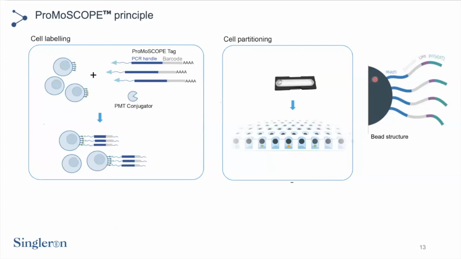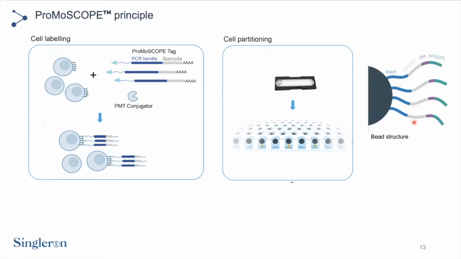And on the right side, you can see our barcoding bead structure. This consists of several types of oligos, namely read sequence for PCR, barcode sequence, UMIs, and poly-T. Each bead will have its own unique barcode sequence, so that once we pool them together, we can trace it back.